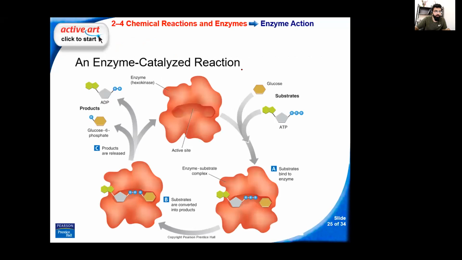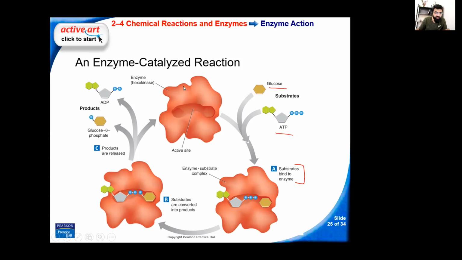Here, we have 1 minute, then we finish. We have the glucose and the ATP. You can see how the substrates bind to the enzyme, and they form an enzyme substrate complex. The enzyme and the substrate bind to each other, so this is the enzyme substrate complex. Now, the substrates will convert into product and then release the product out.